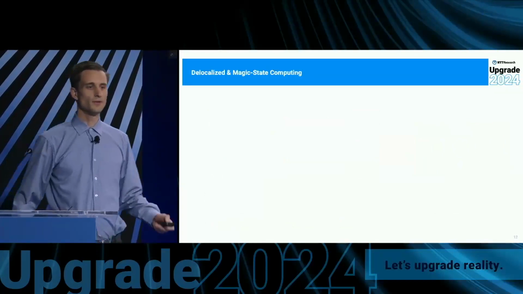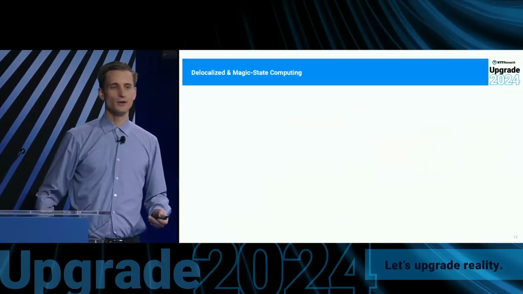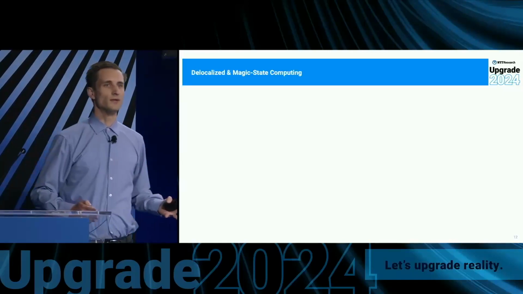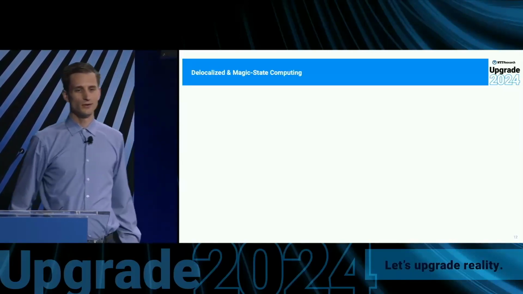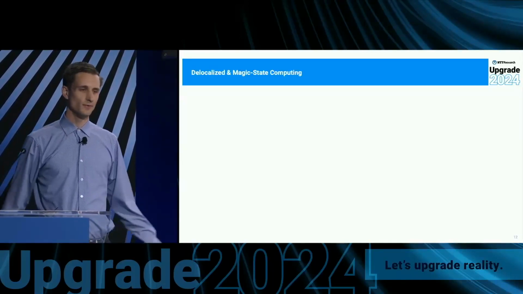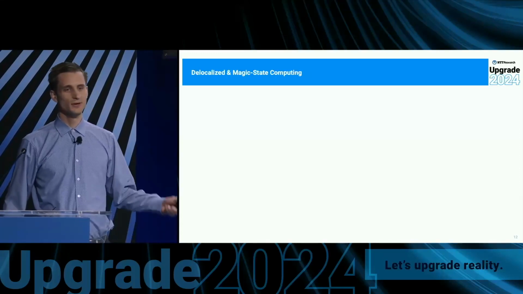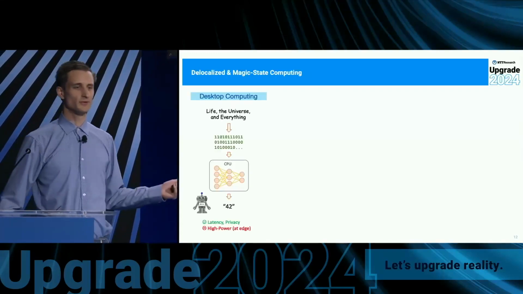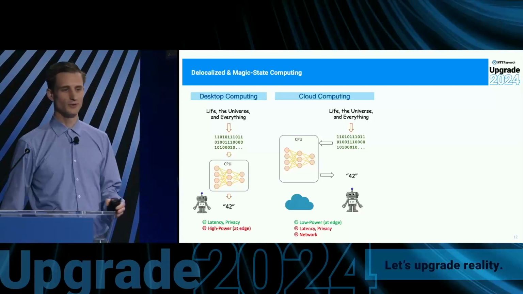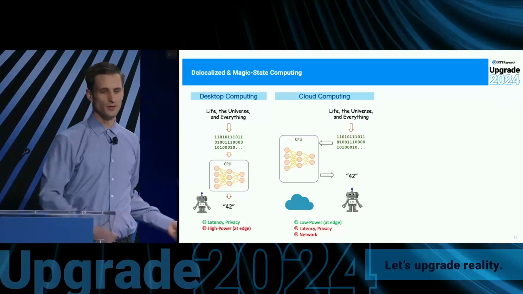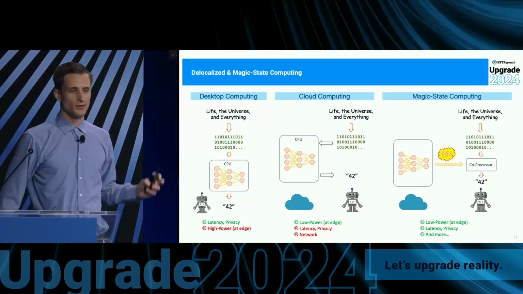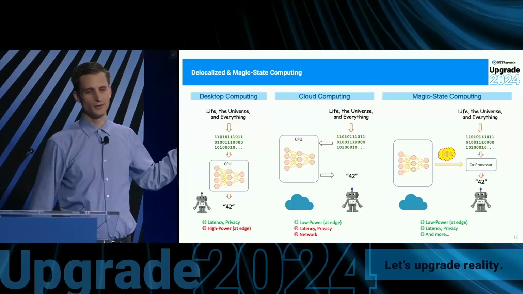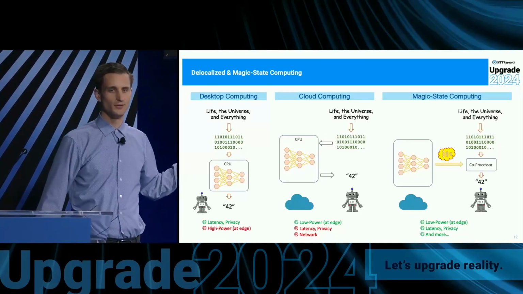And we think that this photoelectric mixing scheme allows for a new form of what I would call magic state optical computing, which, in contrast to desktop computing, where everything stays local, or cloud computing, where you just offload that local computing to a separate processor, involves a cloud that generates these physical objects that encode the algorithm.